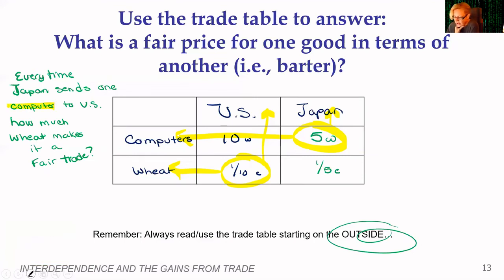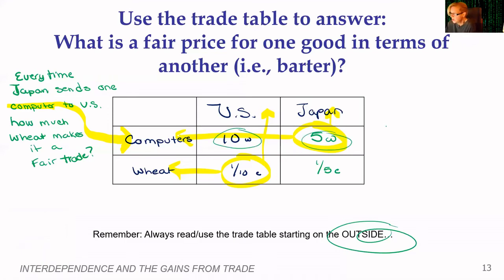That tells me in the question which row to go to. Because it is asking about computers, I'm going to go to the computer row. Okay. Now, when I get to the computer row, I'm interested in these two numbers here.